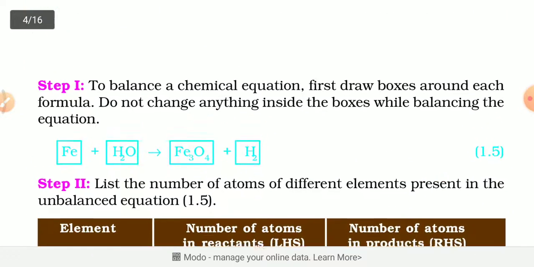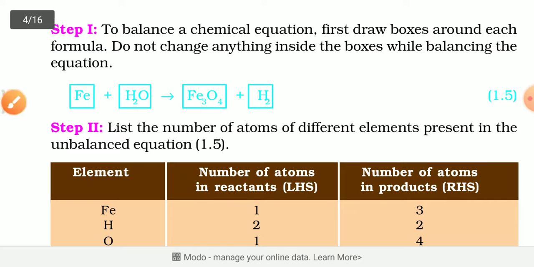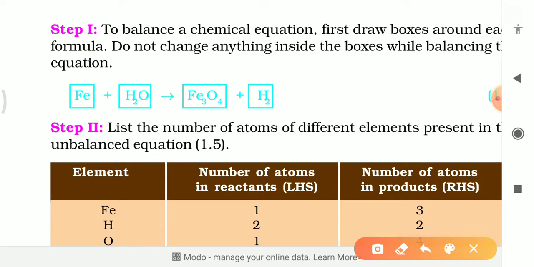Now students, you will see this reaction again. In this reaction you have iron plus water, then it will be iron oxide plus hydrogen. According to the third step, we select the compound in which the number of atoms is more. We have Fe3O4. In the Fe3O4, you will see the element oxygen.